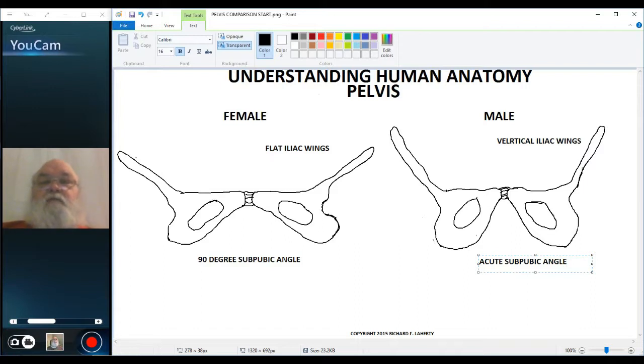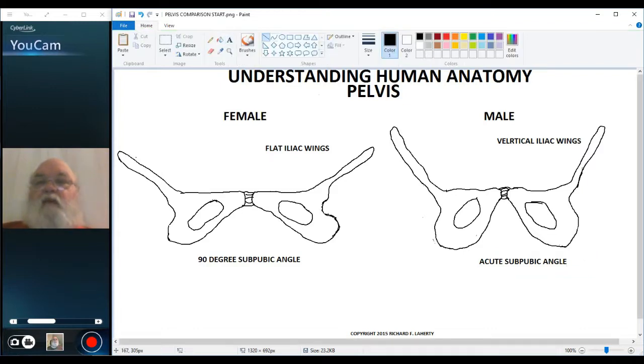Now, one way to facilitate delivery is to shorten the length of the pelvic canal. So if we look at the distance between the pelvic rim and the ischial tuberosity, that's the length of the pelvic canal.